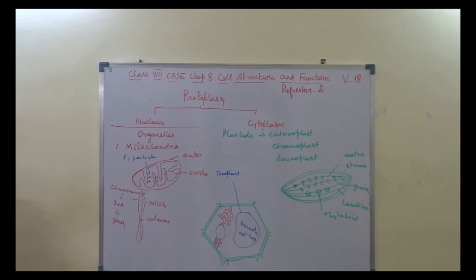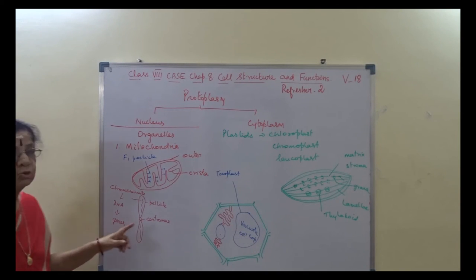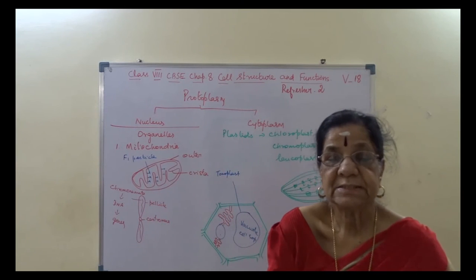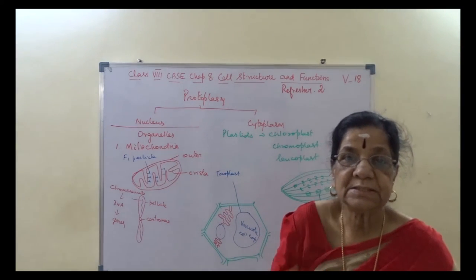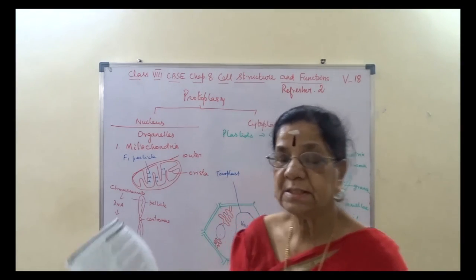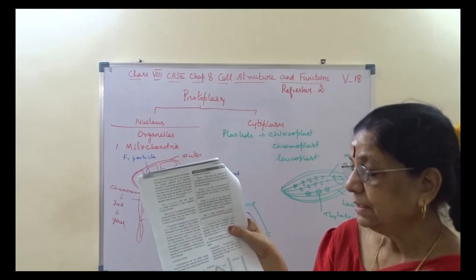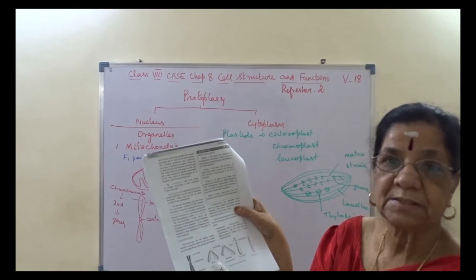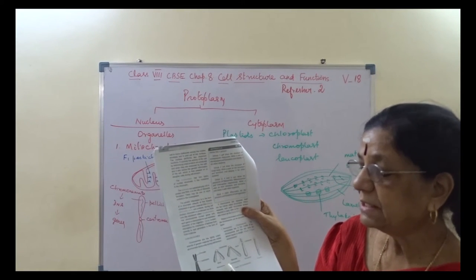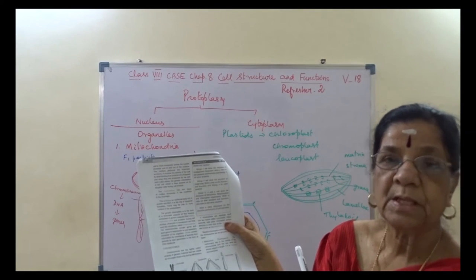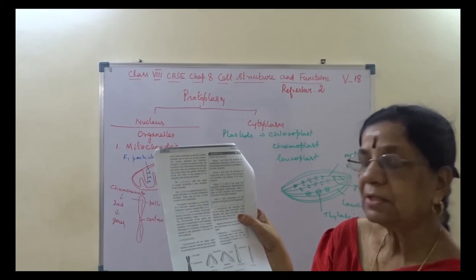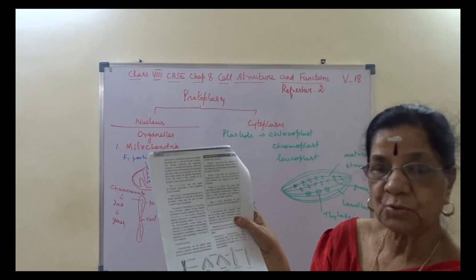Now these two arms of the chromosome are classified depending on the size and position of the centromere. For example, take this: these two arms are equal in nature, so it is called a metacentric chromosome. Chromosomes with two equal arms are called metacentric chromosomes.